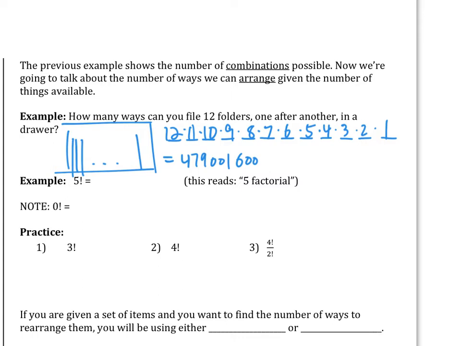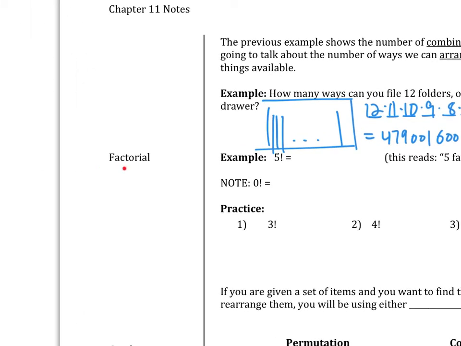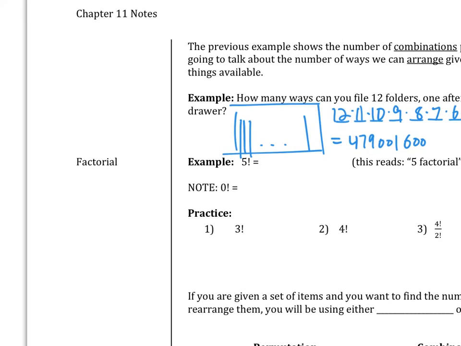Now, there's another way to say what I just did, which is multiply from 12 in descending order down to 1. This is called factorial. Okay, so let's look here. Factorial is this exclamation mark thing. So when you see 5 exclamation mark, you don't say 5 exclamation mark. You say 5 factorial.